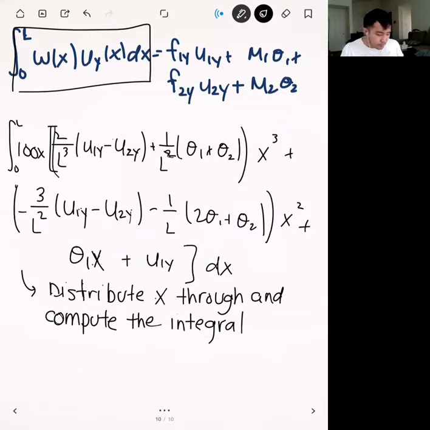Let's go ahead and do that on the next page.